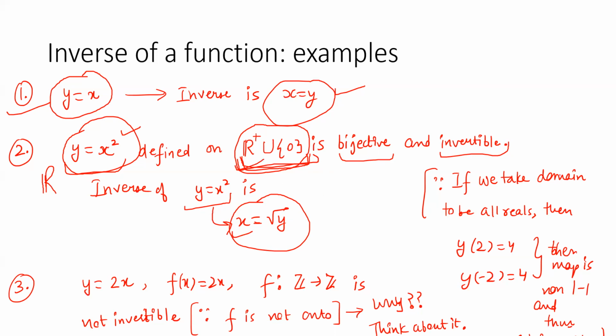Because if we take the domain to be all reals, which is the original domain of the function, then this function is not 1-1, because it is mapping 2 to 4. It is also mapping -2 to 4, as you can see from the definition y is equal to x square. Since it is not 1-1, it is not invertible over its whole domain. It is invertible only on this domain.